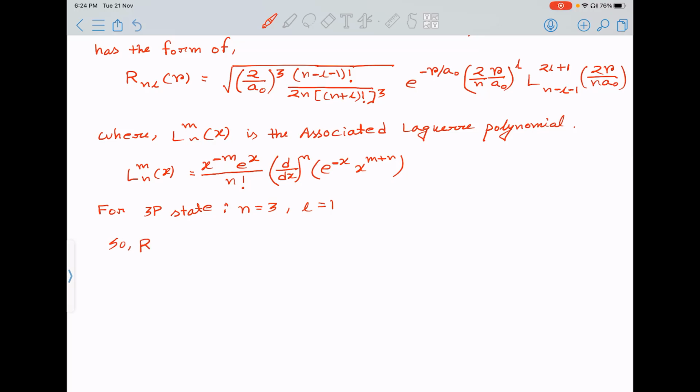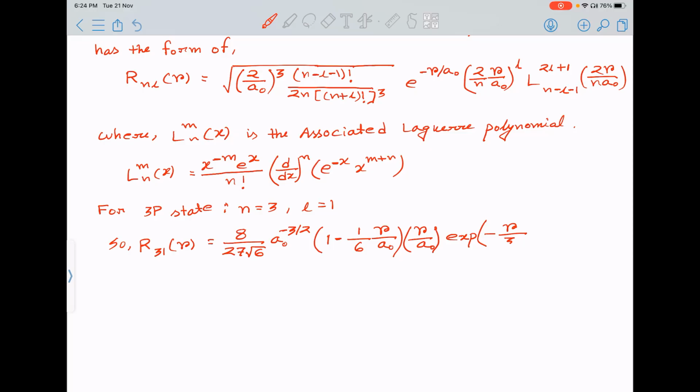If you put this value, R_31 as a function of r, the radial wave function, you will get something like 8 by 27 root 6 a naught power minus 3 by 2 times (1 minus 1 upon 6 r by a naught) times r by a naught, times exponential minus r by 3 a naught, with a naught as the Bohr radius. So this is the general form.